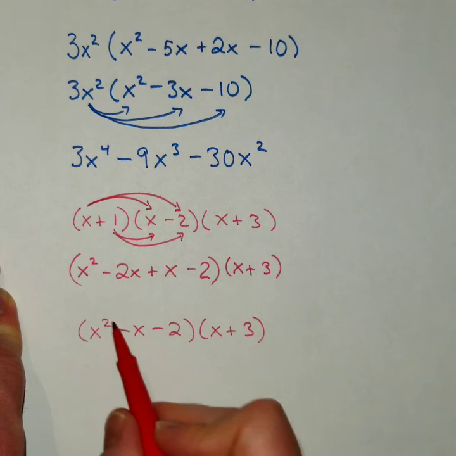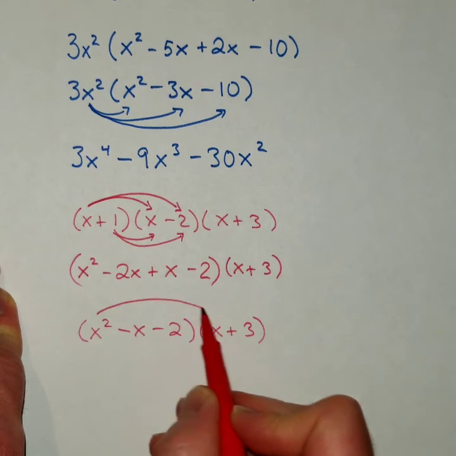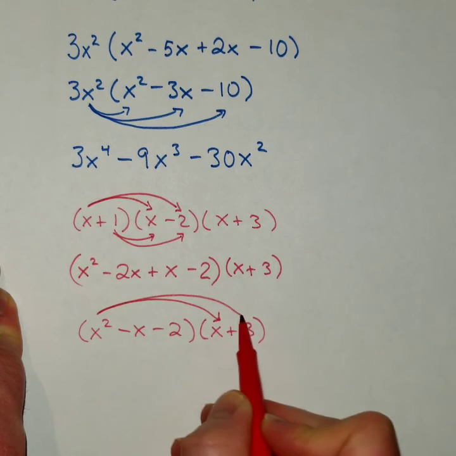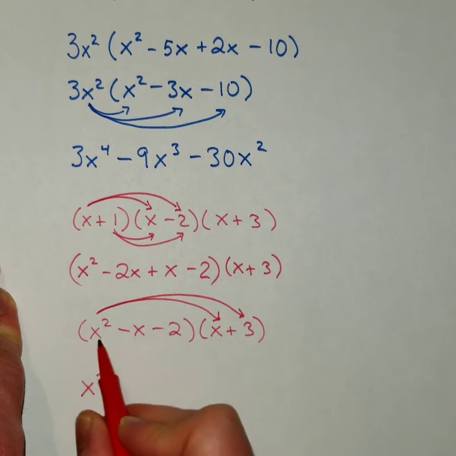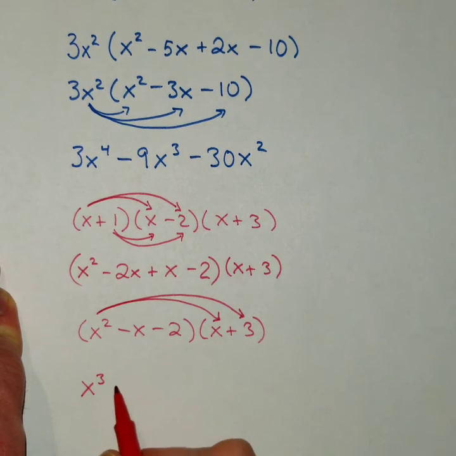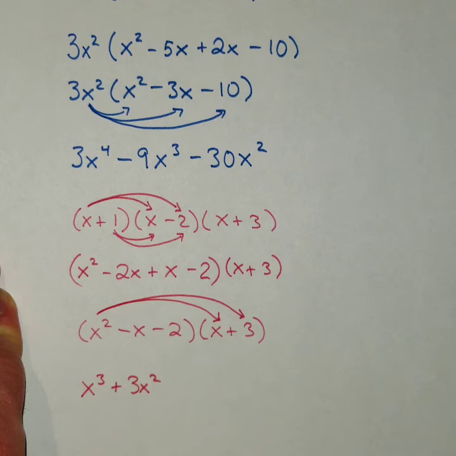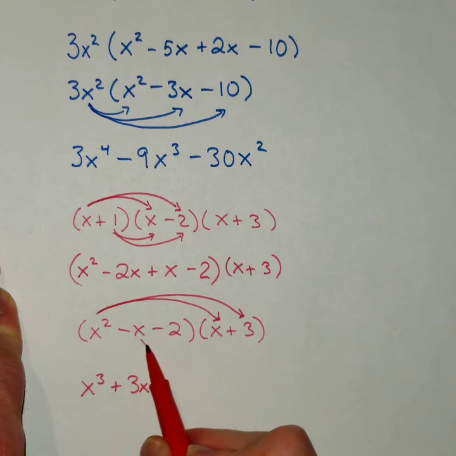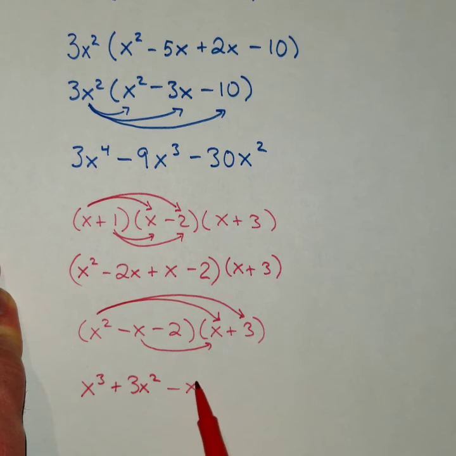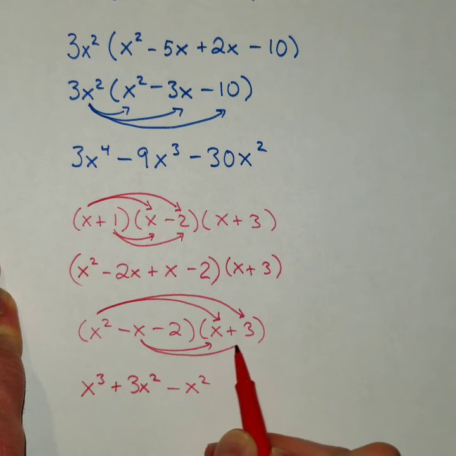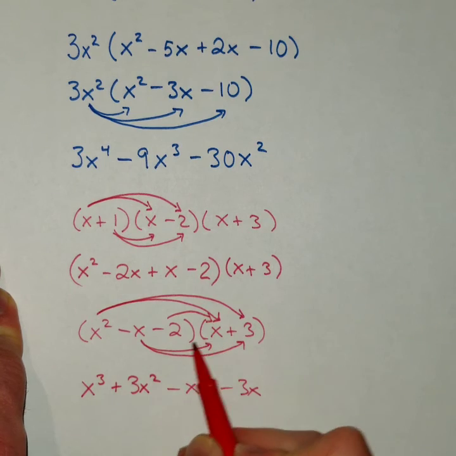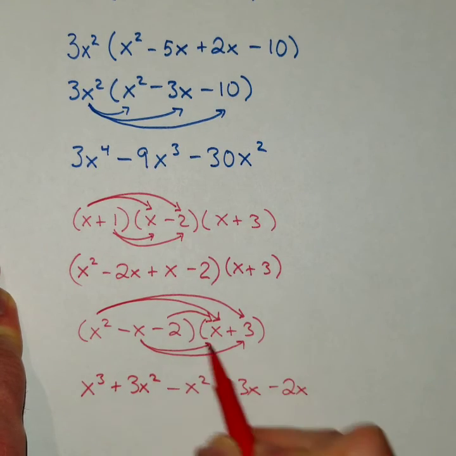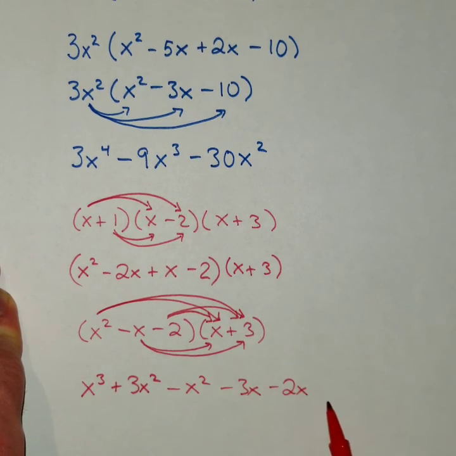And now I'm going to again ensure that every term on the left multiplies every term on the right. So I get x to the third, and then I get 3x squared. Then I have a minus x squared and a minus 3x, and then a minus 2x, and a minus 6.